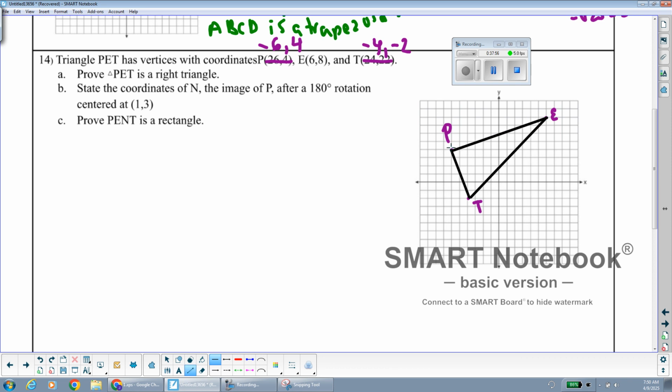Okay. So now we're going to prove that this is a right triangle. So for a right angle, we're going to use slopes, and we're going to show that the lines are perpendicular. So I'm going to go into slope. PE. I see PE and PT are going to be the ones that are perpendicular. So PE is 8 minus 4 over 6 minus negative 6.